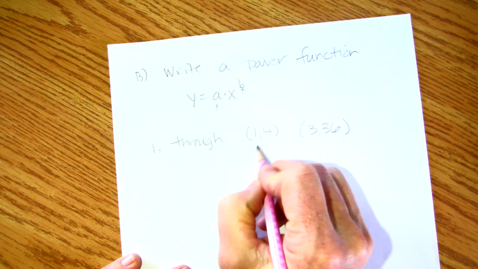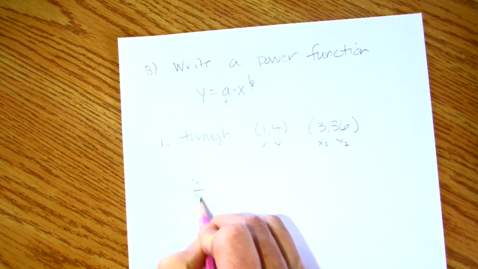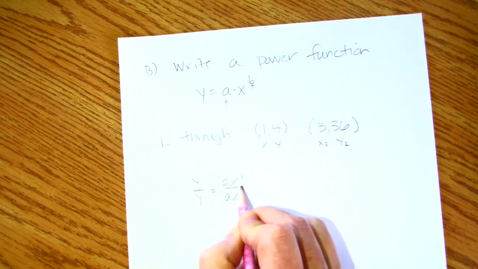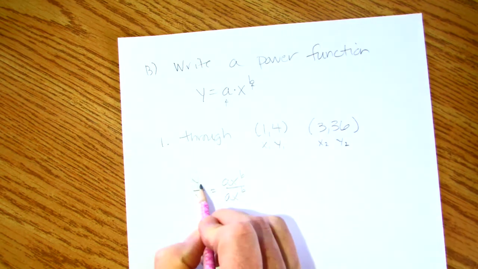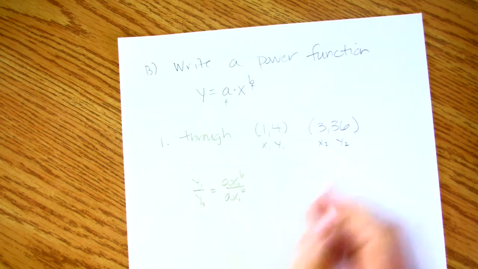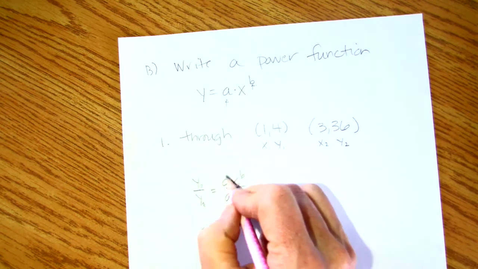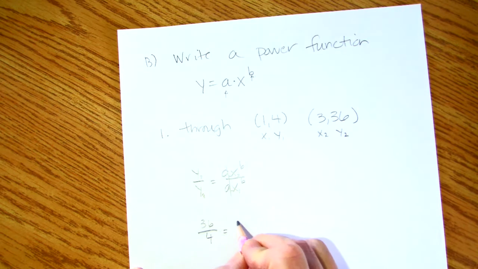So x1, y1, x2, y2, and I set up my proportion, y over y is equal to a times x to the b. And then I'll put 2's here and 1's here. So 36 over 4, and again, the a's cancel, is equal to 3 to the b over 1 to the b.